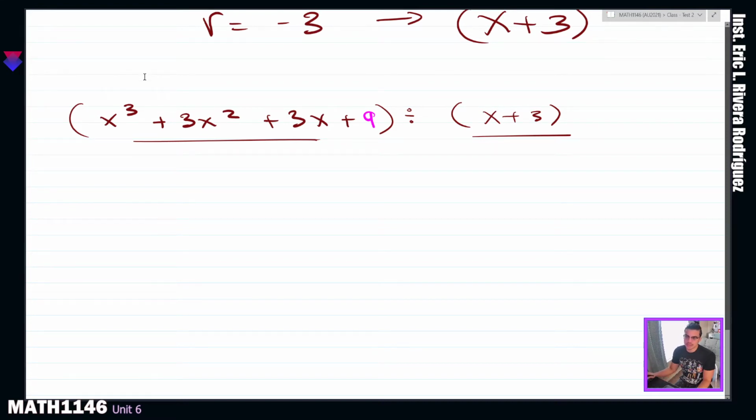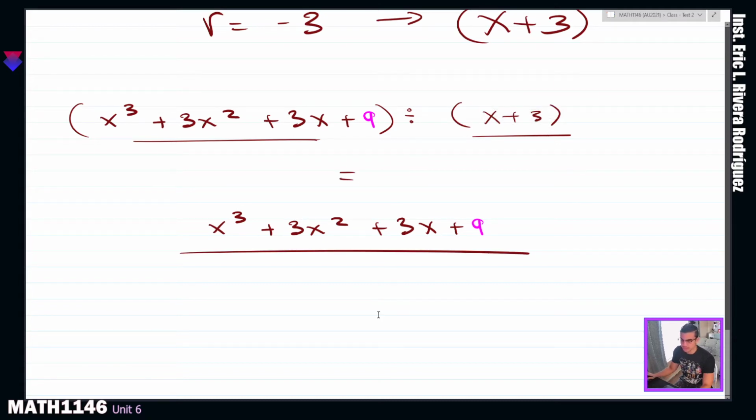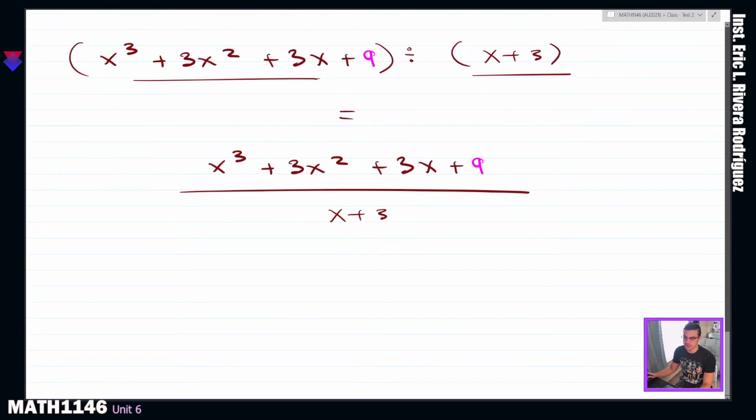In a fraction, you will see it this way. All of this is the same; these are equivalent things. We are just using different forms to write division. The important thing is that the denominator here is the linear factor. Synthetic division: how are we going to do synthetic division?